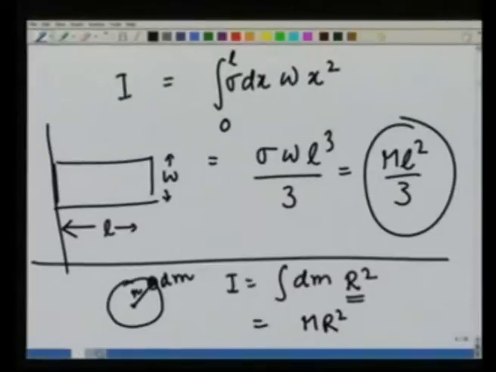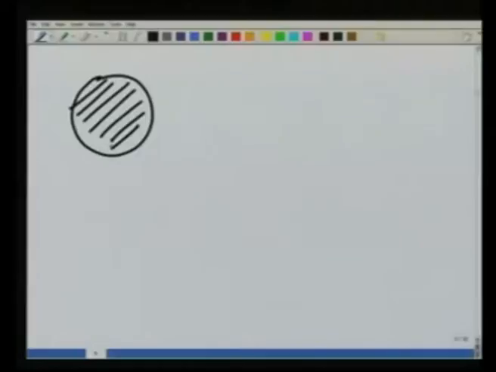As a third example, let us take a solid disk of mass m and radius r, and I want to calculate its moment of inertia about an axis passing through its center.